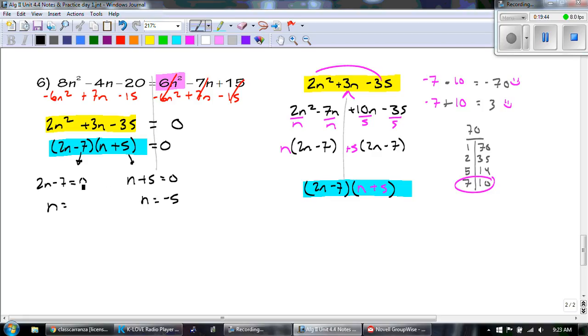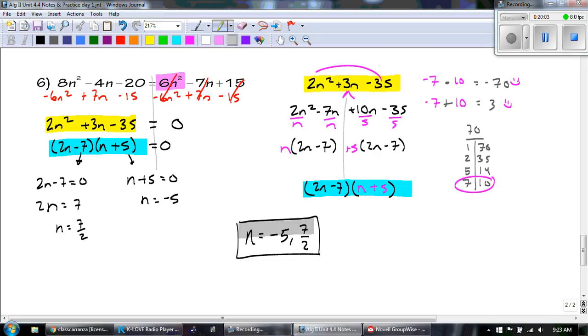Now I would add 7 to both sides, so 2n equals 7, and then I would divide that by 2. Okay? And then we're going to write those two in order from least to greatest. All right, and that's it.